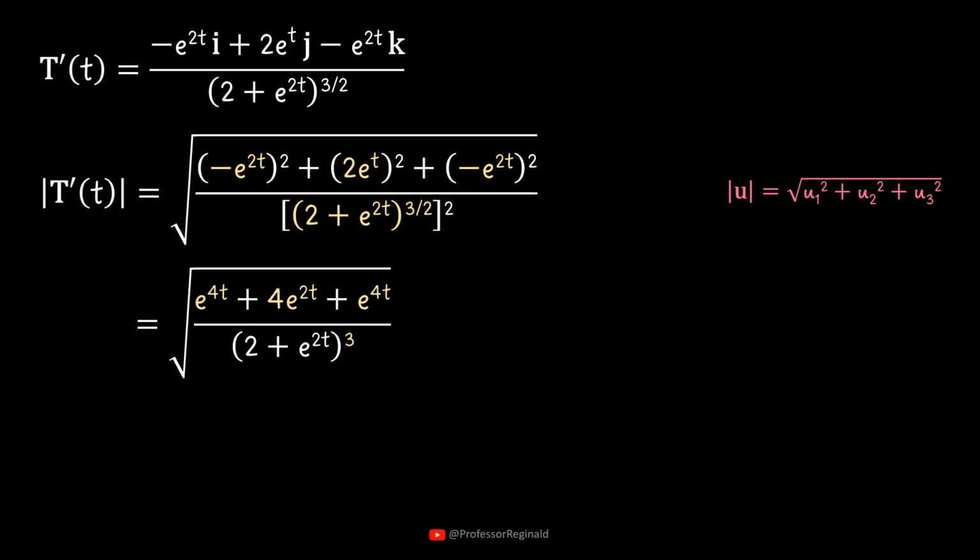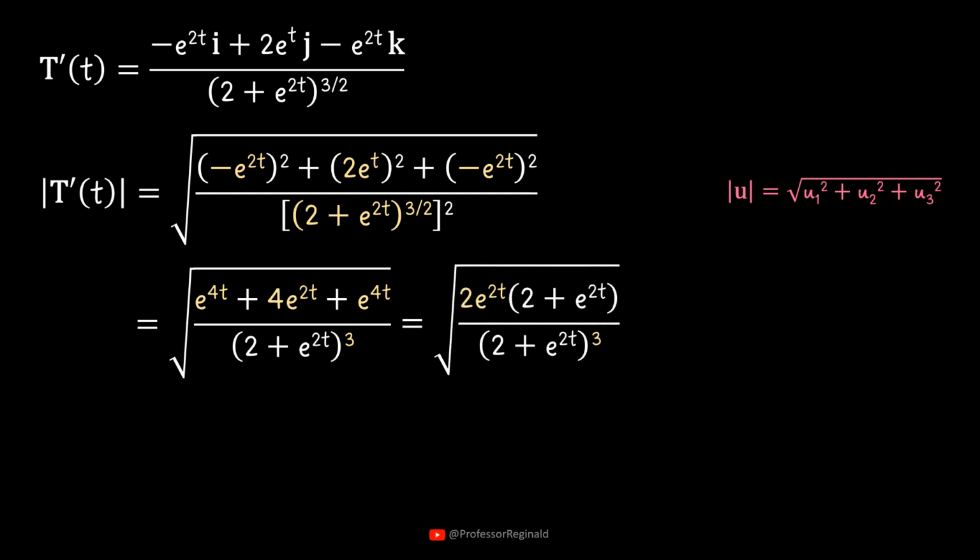Factor the numerator, and then divide out a common factor and take the square root. Now we have the norm of the derivative of the unit tangent vector.